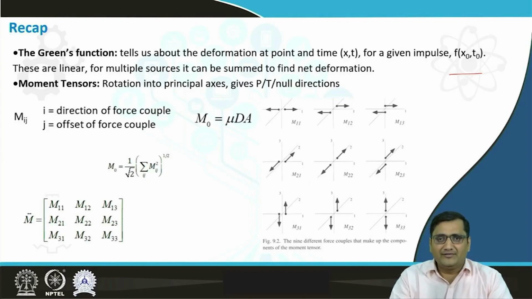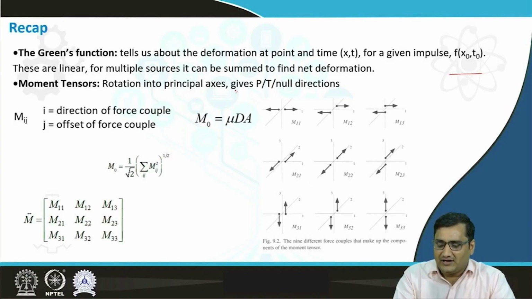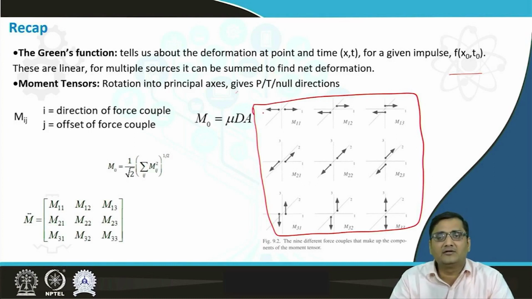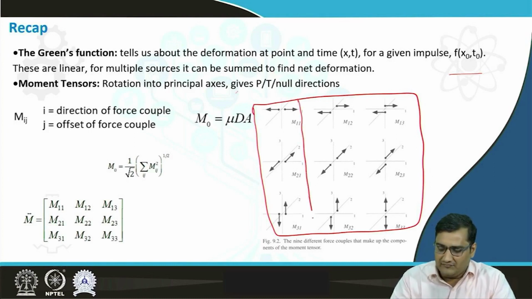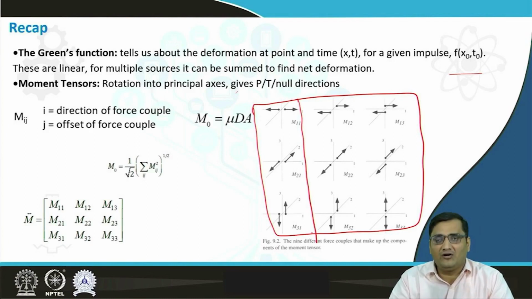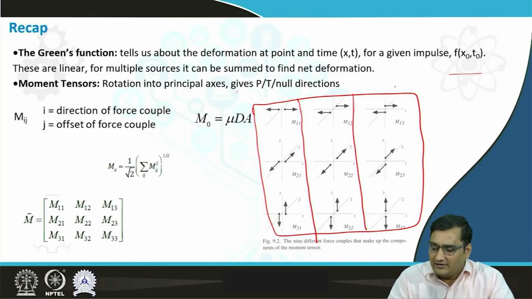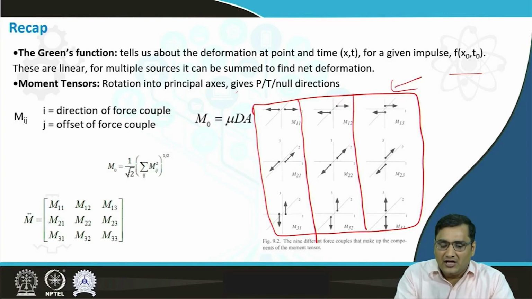For the moment tensor, if we rotate it into its principal axes, it gives the pressure axis, tension axis and the null axis direction. The moment tensor in array form can be represented by these double couples, where column 1 represents the offset in the x1 direction, column 2 the offset in the x2 direction, and column 3 the offset in the x3 direction.